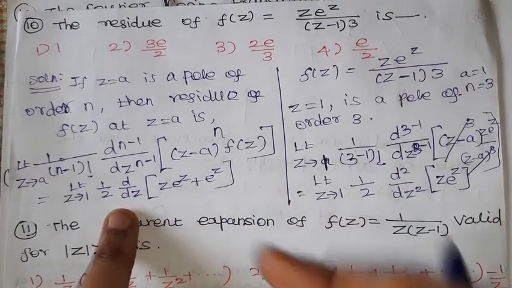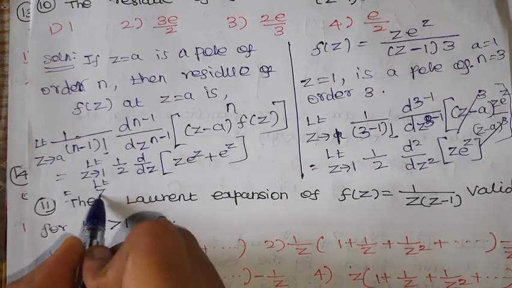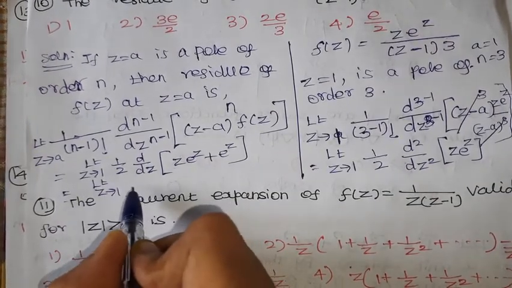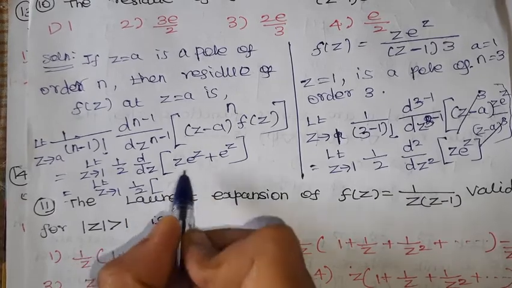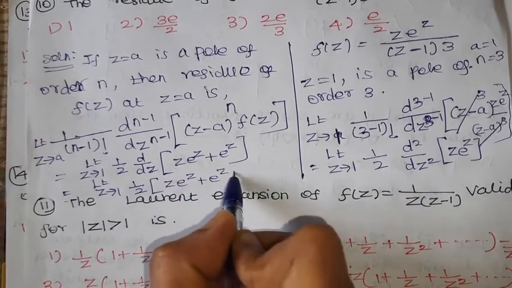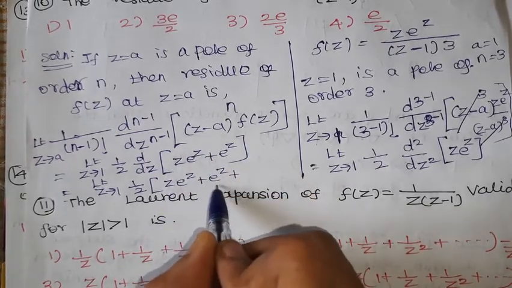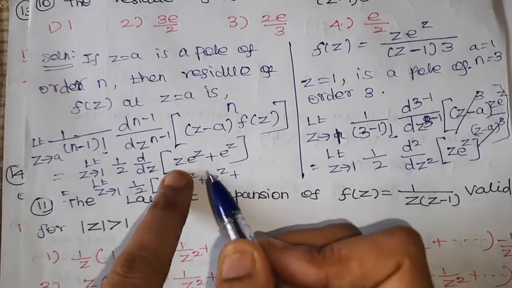We are going to differentiate one more time. So limit z tends to 1 of 1 by 2, and differentiating this term we get z e power z plus e power z, and the derivative of e power z is e power z. This is the uv formula.